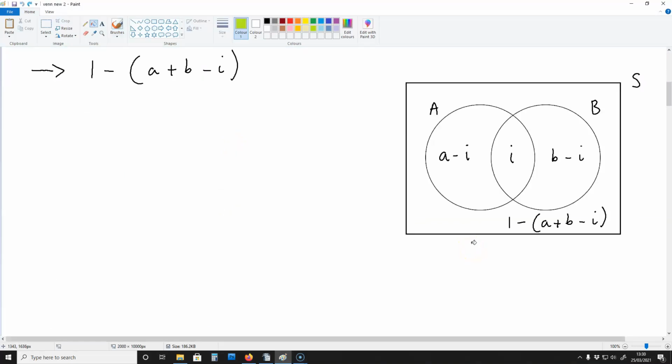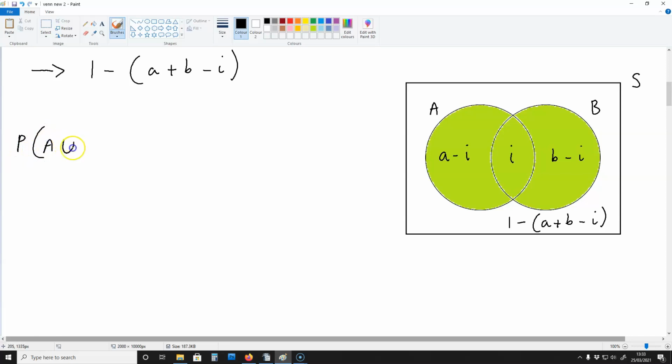Now, the addition rule is based on A union B. So we're going to be finding this shaded area over here on this Venn diagram. So the probability of A union B is going to be equal to A minus I, which is this, plus I, which is the middle, plus B minus I, which is this part to the right.